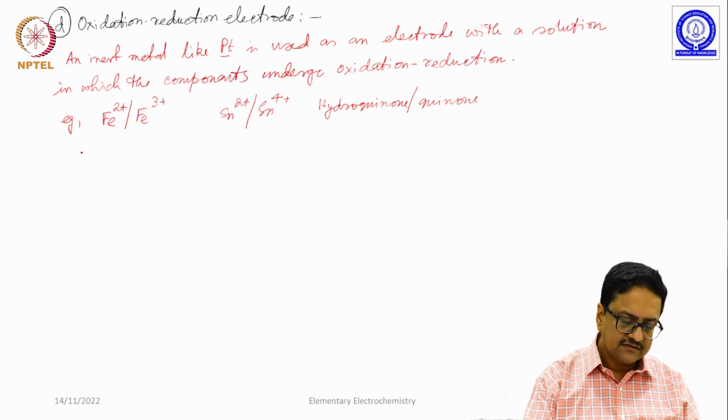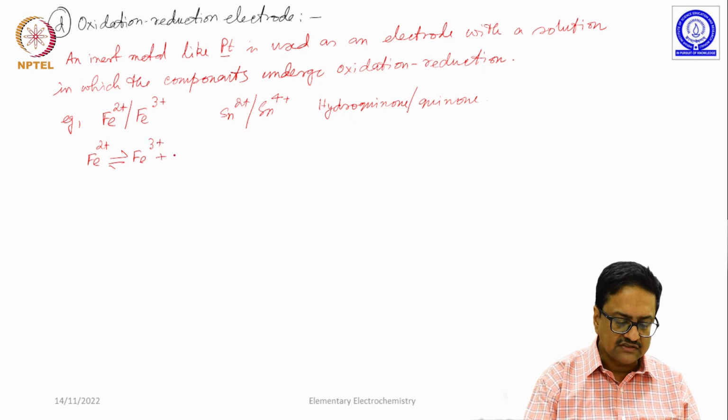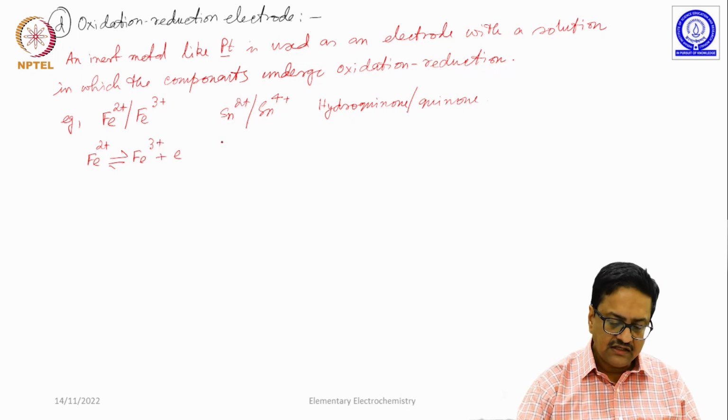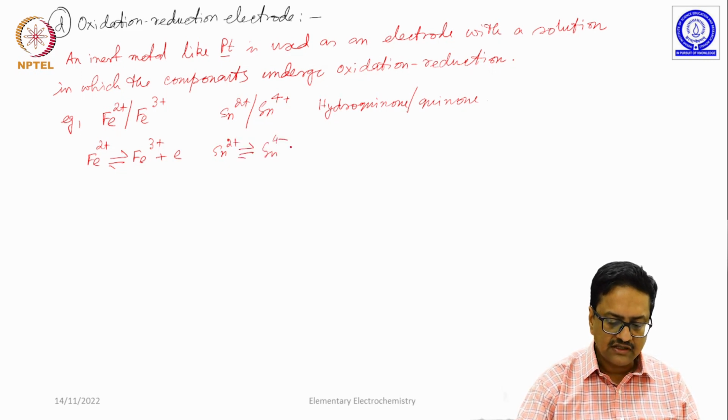So in this case, the iron 2 plus is in equilibrium with iron 3 plus plus an electron. Similarly, Sn2 plus is in equilibrium with Sn4 plus plus 2 electrons.